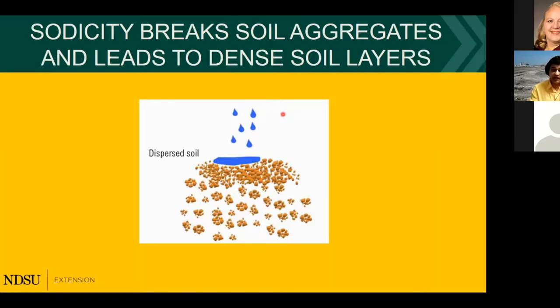So not only does it itself have issues, poor seed bed, poor seed germination, crusting, and other things, but then salts will also accumulate more because soil layers are dense, porous space would shrink, and salts cannot move downwards.